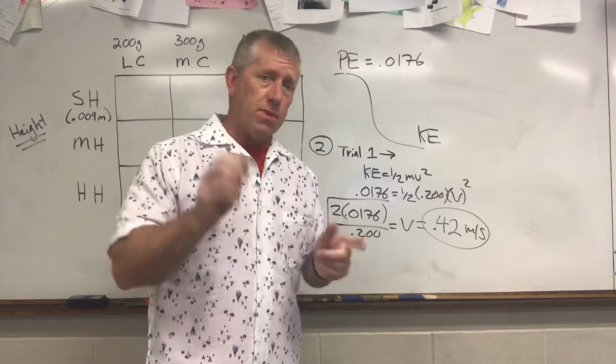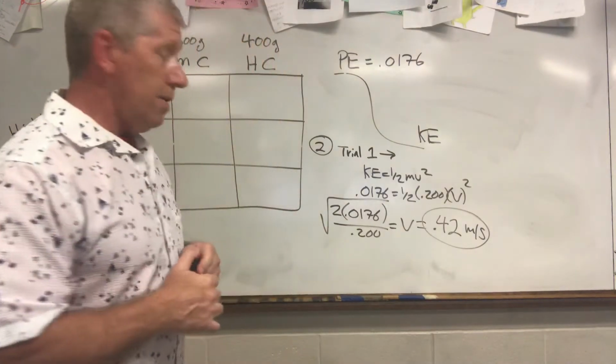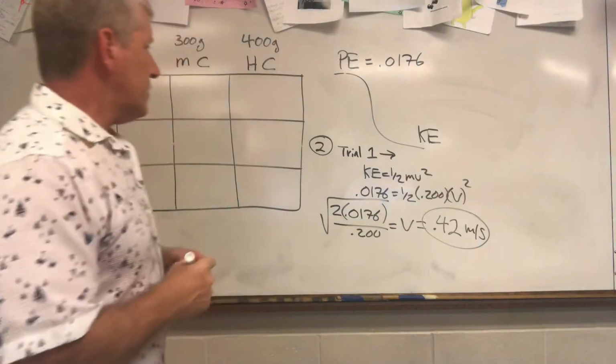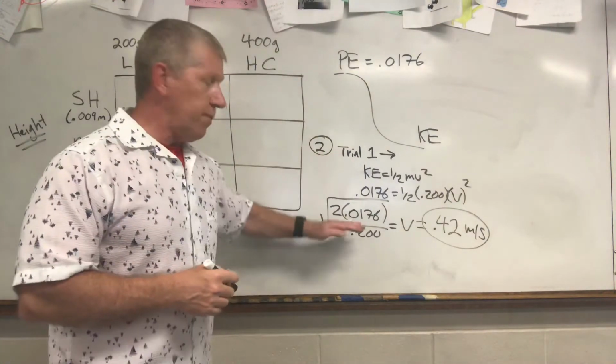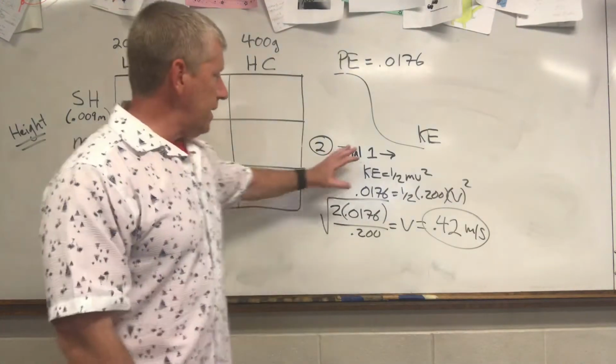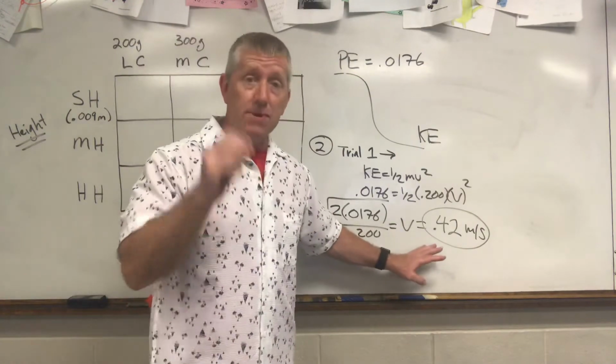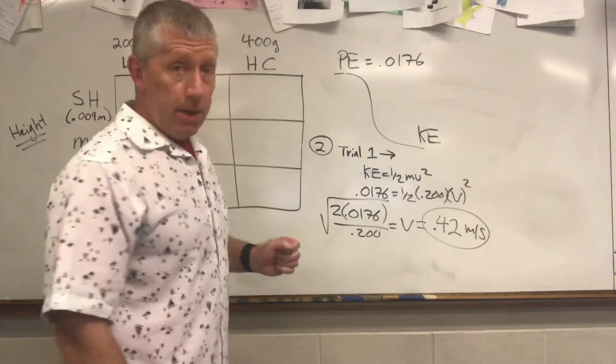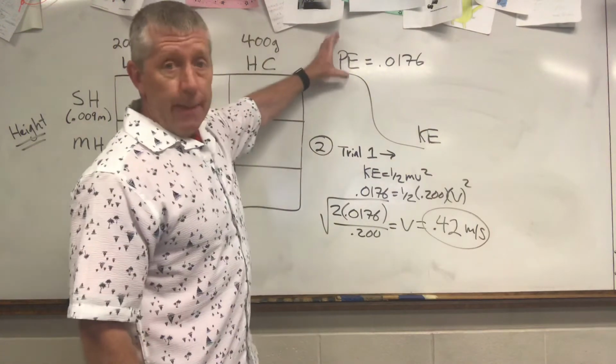Try that on your own, see what you get. Now, you're going to do the same thing for trials 2, 3, 4, 5, 6, 7, 8, 9. You're going to calculate what the math is saying the velocity should be based upon potential energy at the top of the hill.